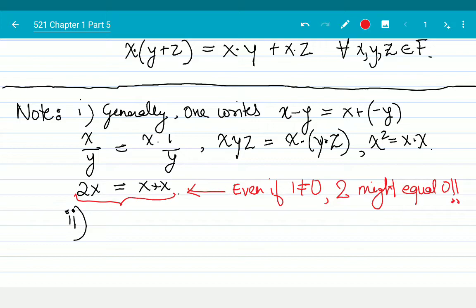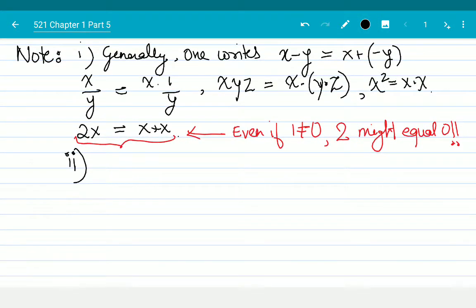Okay? So for example, if you know binary numbers, you know that 1 plus 1 equals 0 in binary numbers, right? And you can still create fields over binary numbers. We are not going to be dealing with those in this course, but there is something called binary fields.